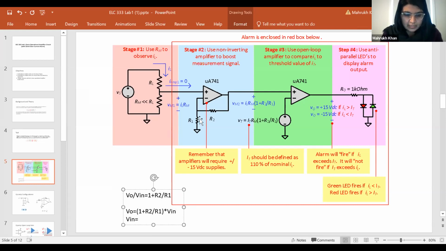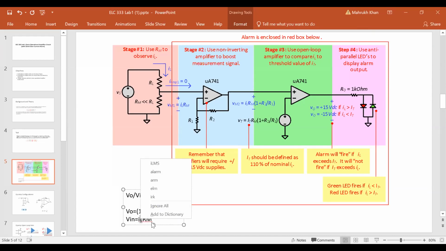Your Vin is ILRM, right? Got it? Am I right here? If I make this font smaller. Are you getting this thing?